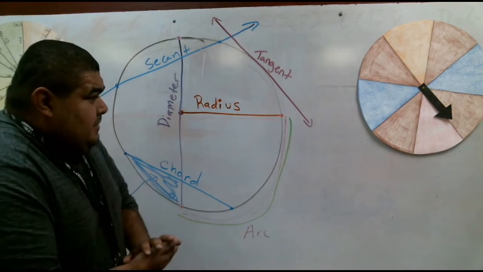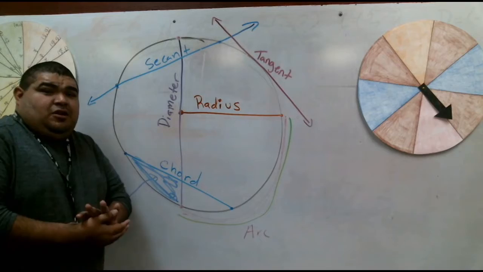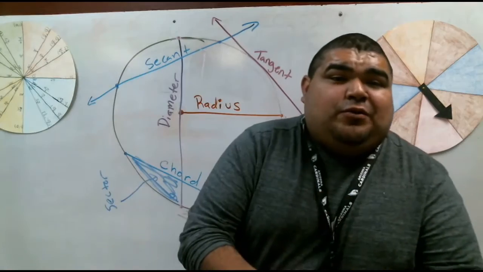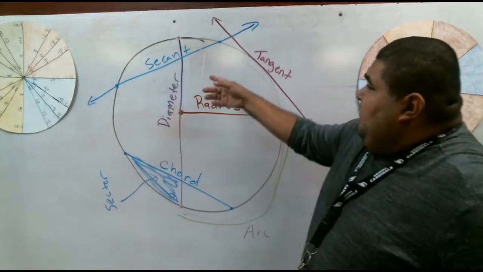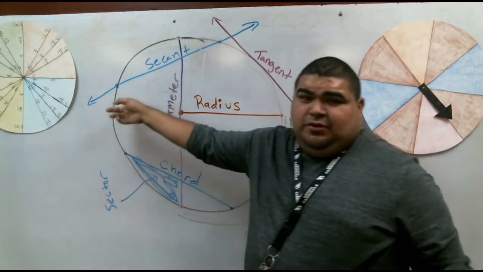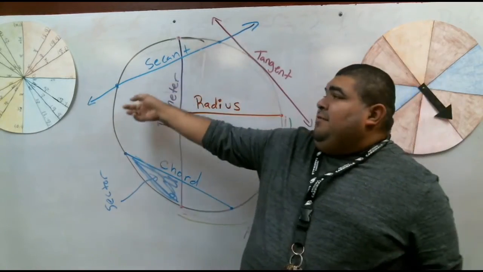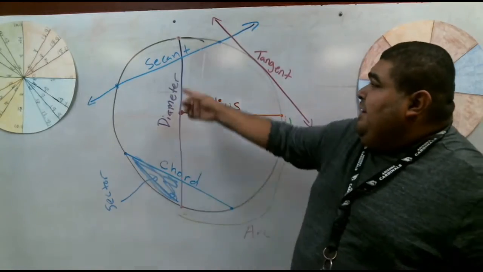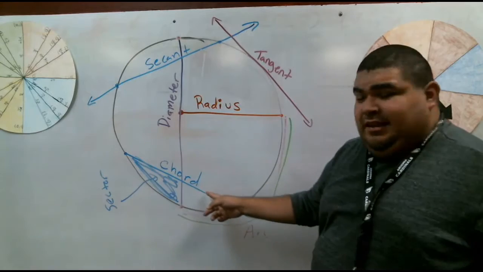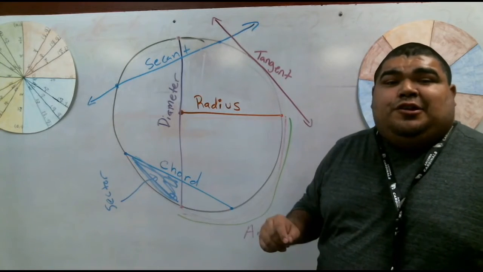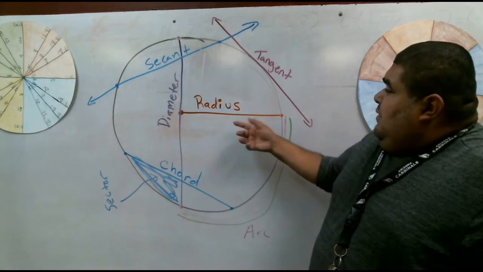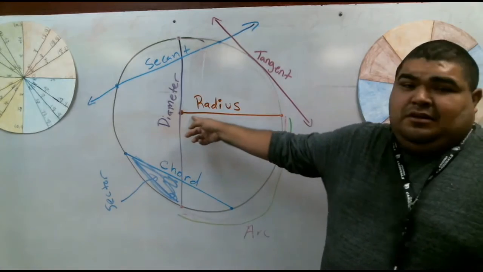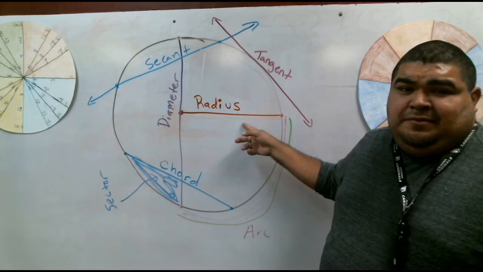All right, so make sure you have all this down. Let's do a little quick recap. If a line passes through the inside of a circle and it continues both ways, it's called a secant. If it doesn't continue through the outside, it's called a chord. From the center to one edge, it's called a radius.